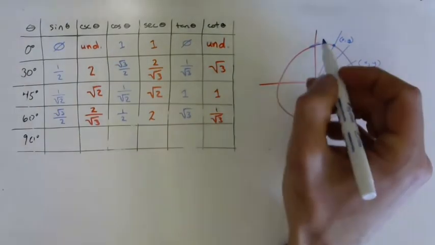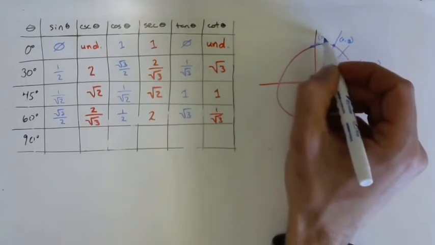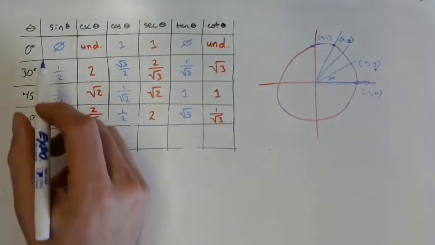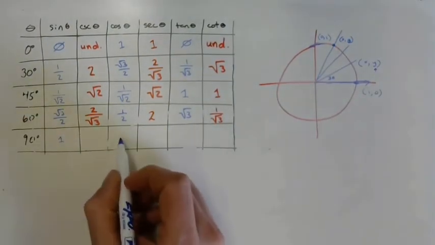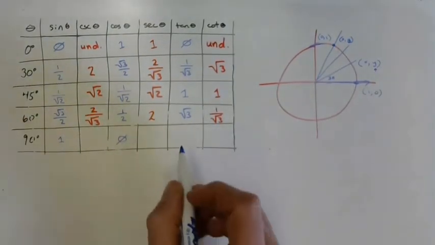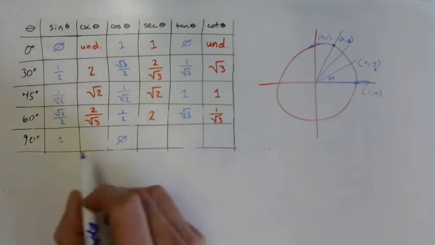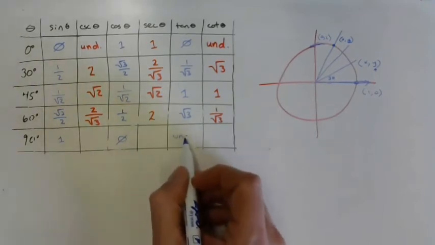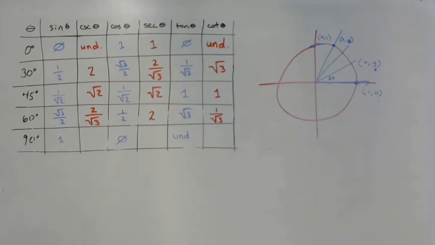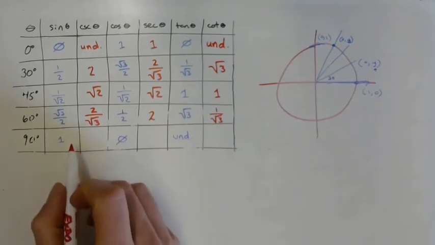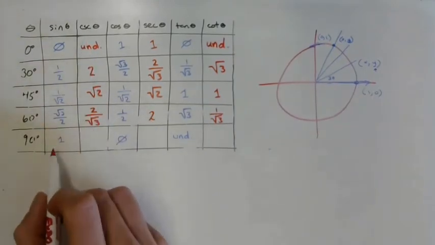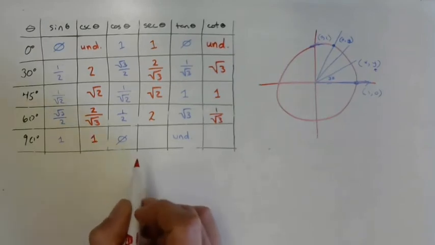90 degrees, coming up here, we've got the point 0, 1. So the sine value is 1, cosine value is 0, which gives us a tan of 1 over 0, which is undefined. Then we have a cosecant of theta, which is the reciprocal of 1, which is just 1.